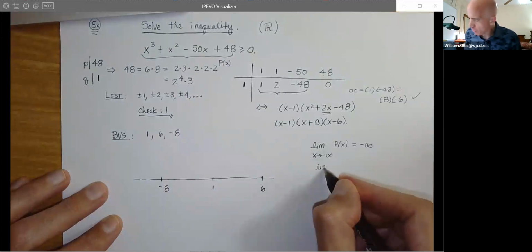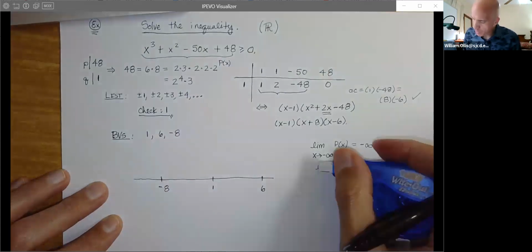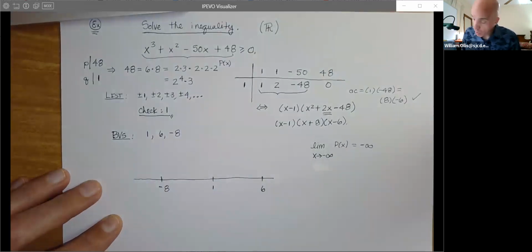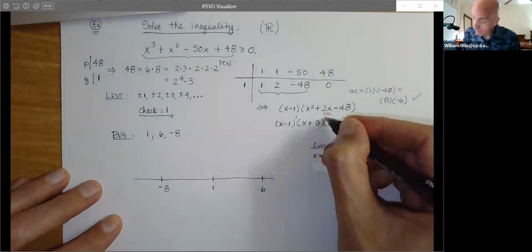And then we're done. We don't even need to do any more. And let me show you why. Notice all of these zeros here have multiplicity 1.